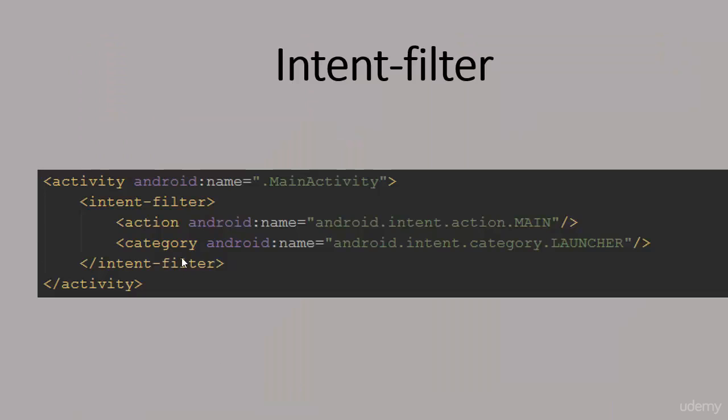And here is an example of the default intent filter, which is generated once you use the default settings and create your main activity. Within the intent filter is specified the action, which is main, the entry point, and the category. The category is launcher.